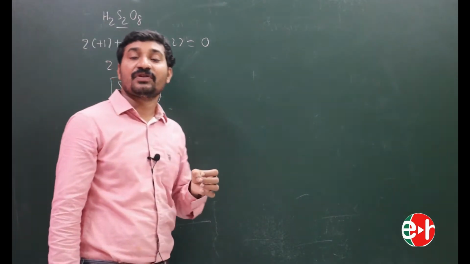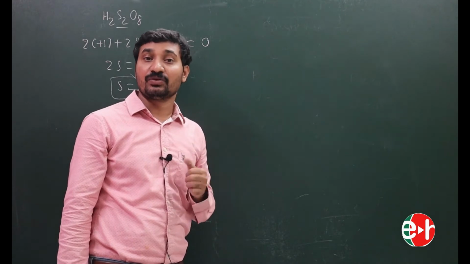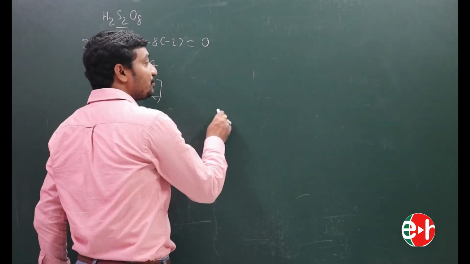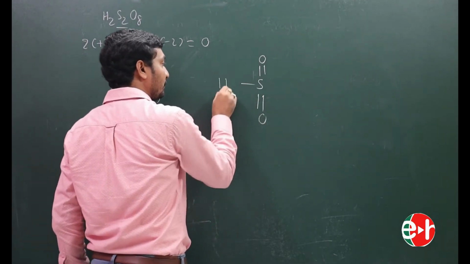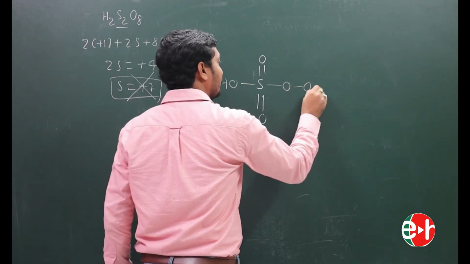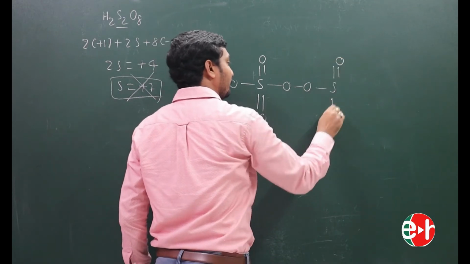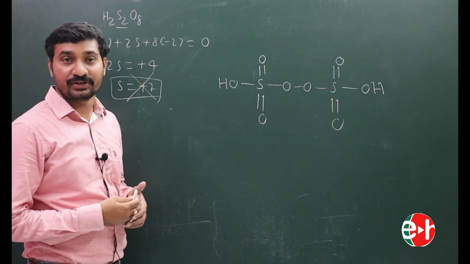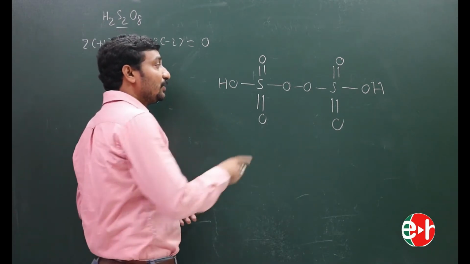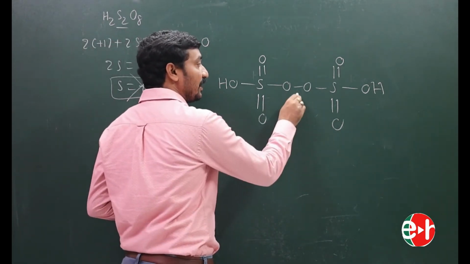Then how do we calculate the sulfur oxidation state here? To calculate it, we must know the structure of H2S2O8. This is the structure of H2S2O8. If you observe, 2 oxygens have a peroxy linkage.